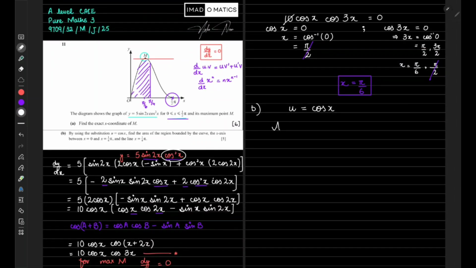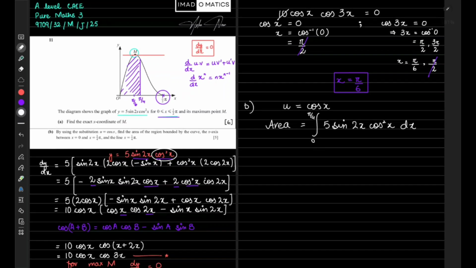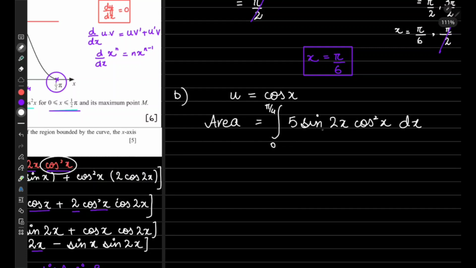So the area is the integral from 0 to pi by 4 of the equation that we have, 5 sine 2x cos square x dx, and we have to do this integration using substitution.